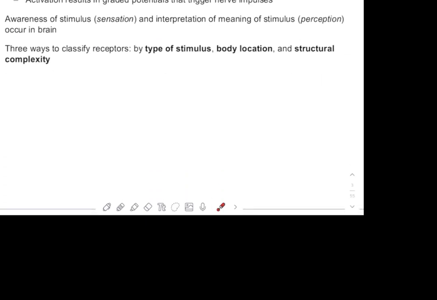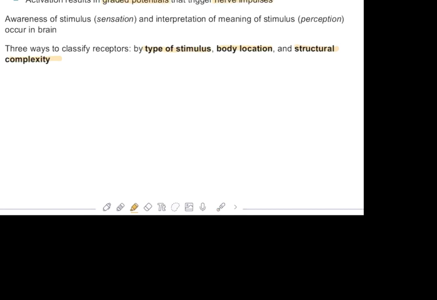And the two parts of the autonomic nervous system are shown here, the sympathetic division as well as the parasympathetic division. So some of those sensory receptors can all be classified in different ways based on the type of stimulus, the body location, or the structural complexity. So essentially what happens is this specialized receptor is going to respond to some sort of change in the environment, which is a stimulus, and that activation is going to result in a graded potential, which then triggers a nerve impulse.